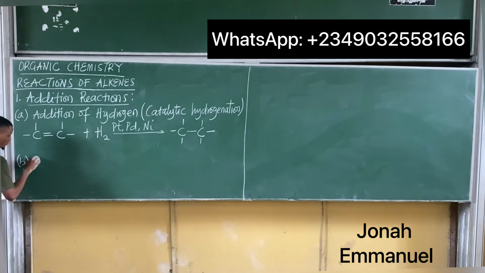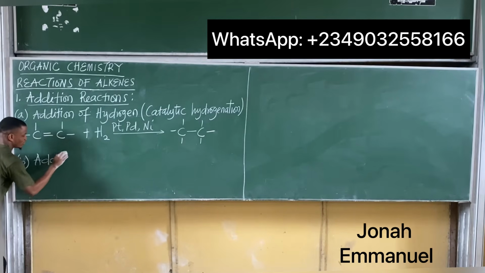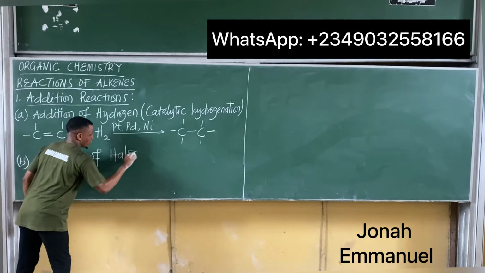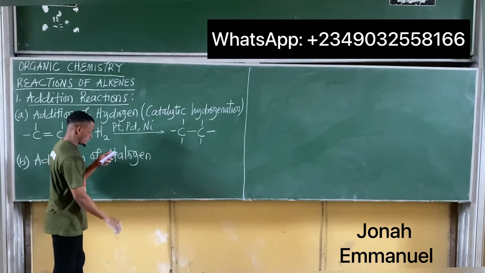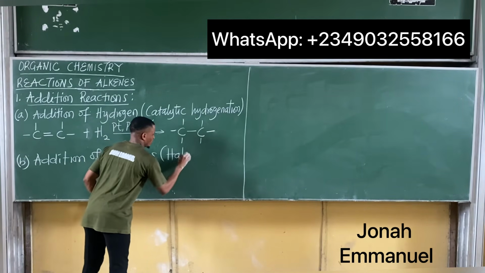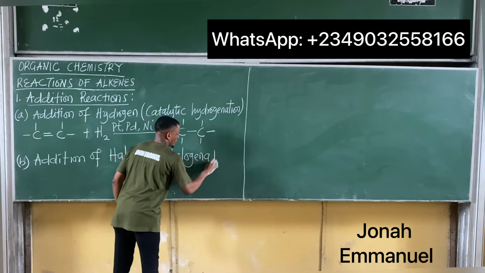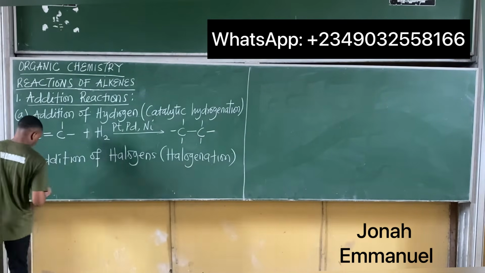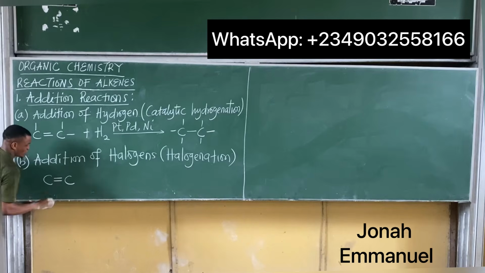Moving on to number 2, addition of halogen. It's called halogenation. So here's your equation of reaction.